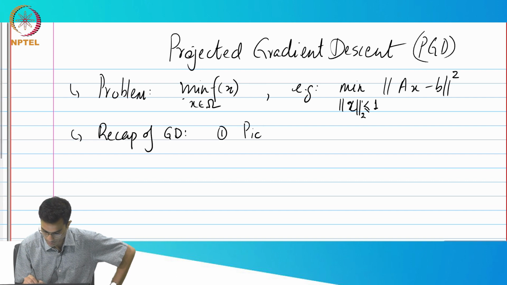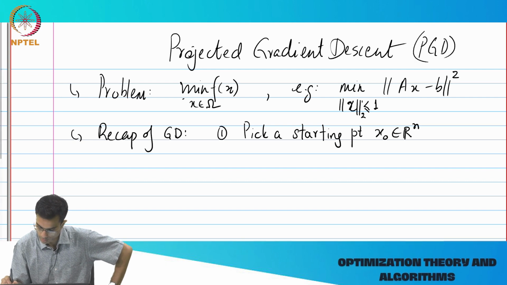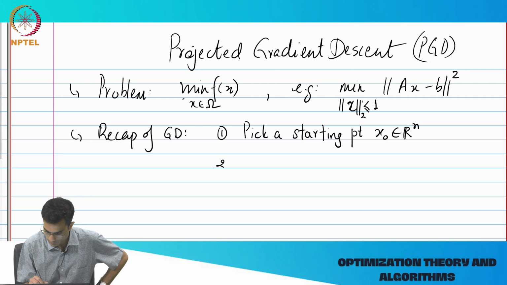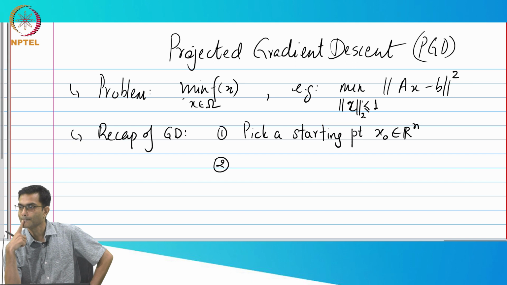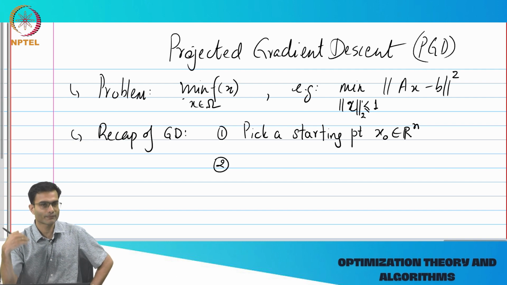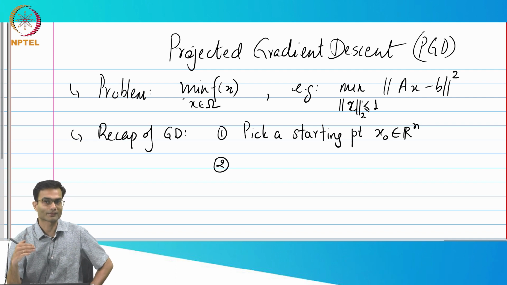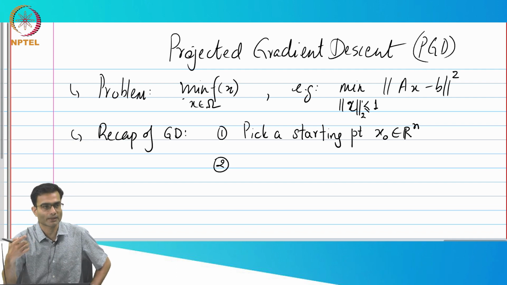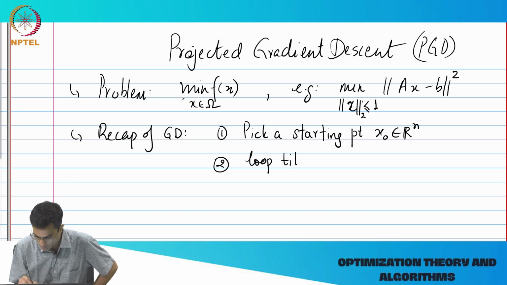So let's just say pick, I won't say random, I'll just say pick a starting point x naught that lives in R^n. Next, we need to loop until convergence is satisfied, and within that we'll calculate a descent direction and step length. I need to know how much to walk, right? And then I will check whether convergence is satisfied or not. So loop till satisfied.